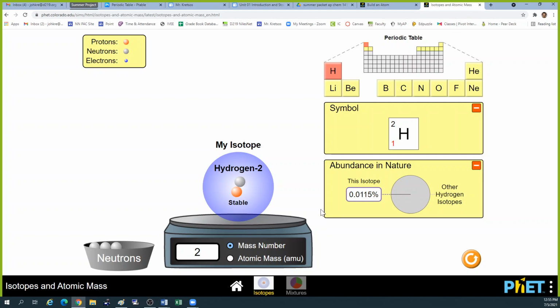But here's the question. If the two major isotopes of hydrogen are 1 and 2, why is the average not 1.5? Why isn't the average weight, like there's the kind that weighs 1 and there's the kind that weighs 2, why isn't the average 1.5?